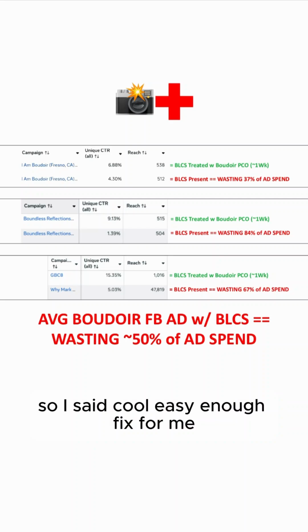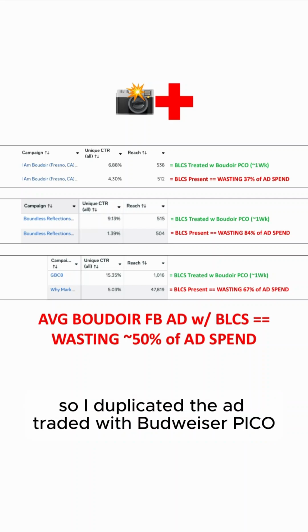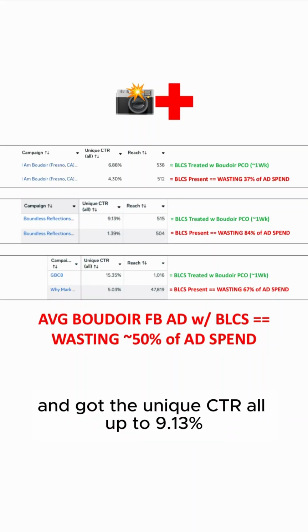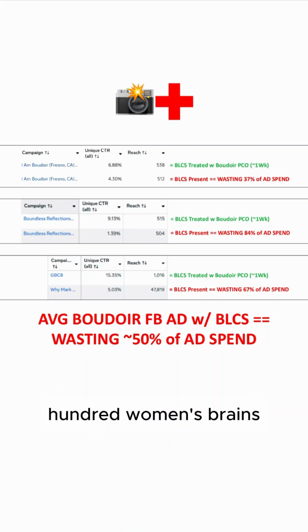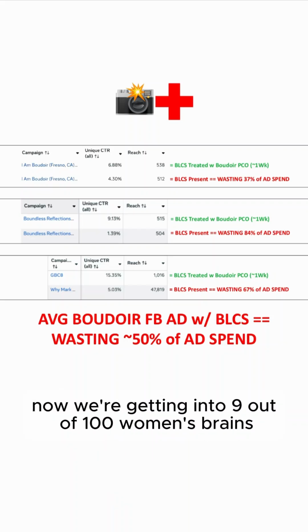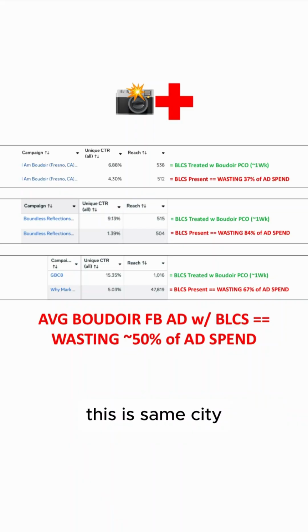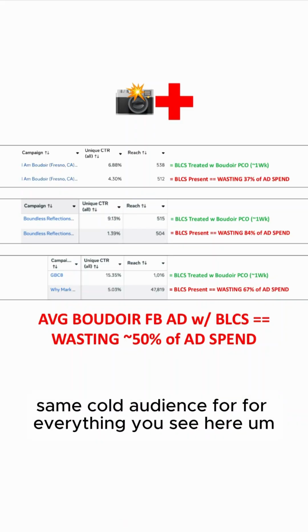I said, cool, easy enough fix for me. I duplicated the ad, treated it with Boudoir Pico, took about a week, and got the unique CTR up to 9.13%. So instead of their ad getting into 1.5 out of 100 women's brains, now we're getting into 9 out of 100 women's brains. It's the same city and same cold audience for everything you see here.